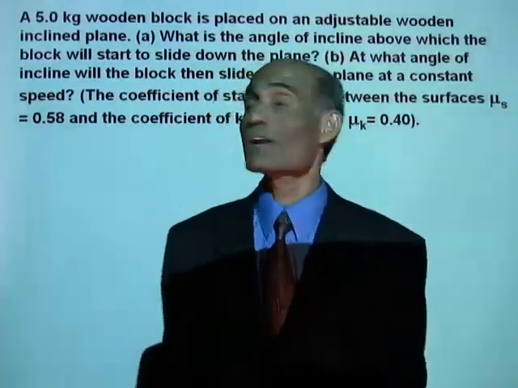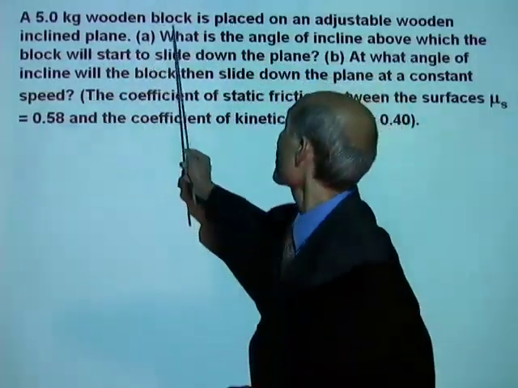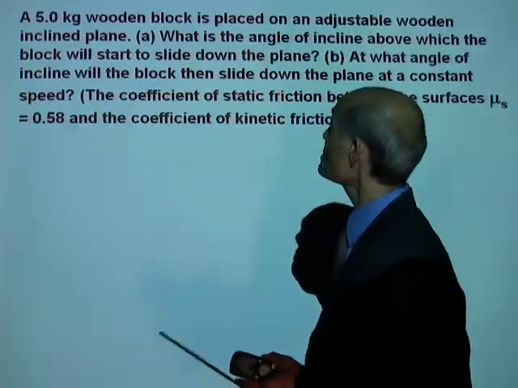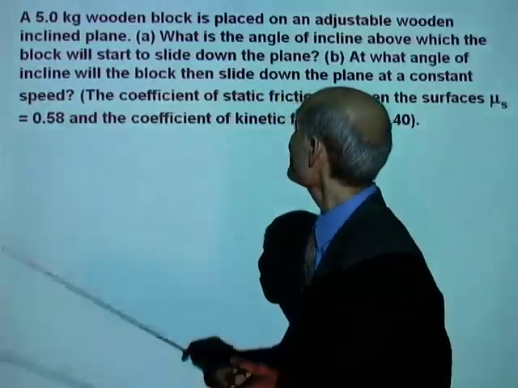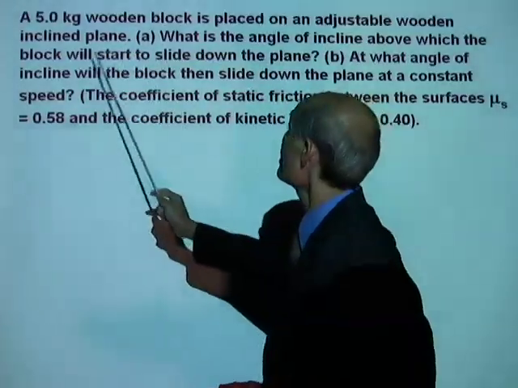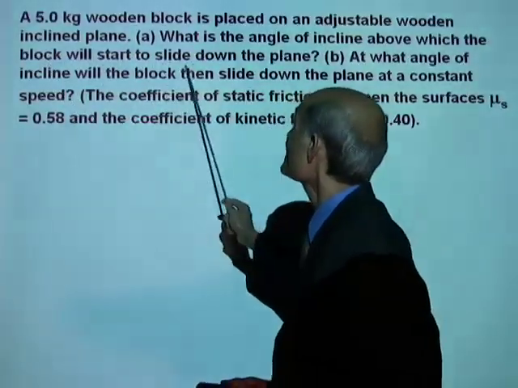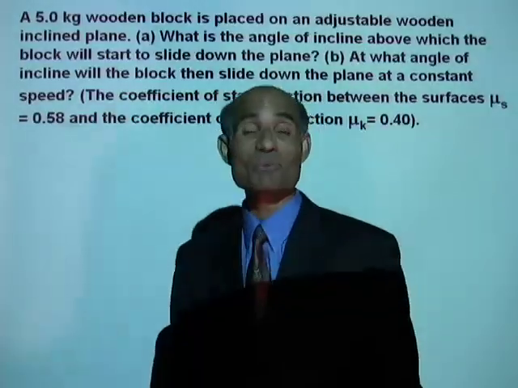A 5 kilogram wooden block is placed on an adjustable wooden inclined plane. What is the angle of inclination above which the block will start to slide down the plane?